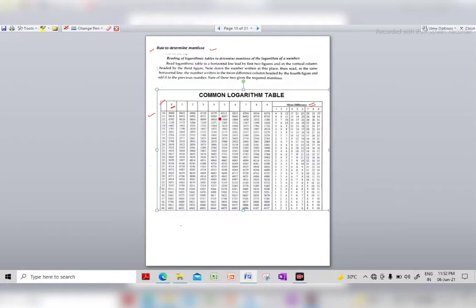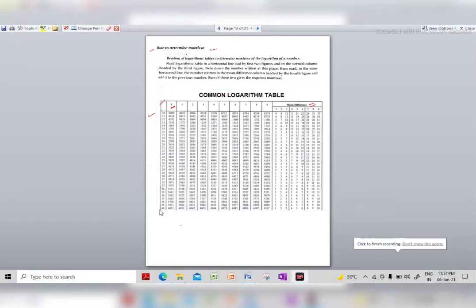So how do we use the values written in the vertical column, the values in the columns 1 2 3 4 to 9, and the values of mean difference, and what is the use of this in characteristic and in mantissa? You must have so many questions in your mind at this time. So wait, I will answer all these questions with the help of examples. Then it will be clear how to use the rules of characteristic and mantissa and how to read the table. So let us start with the example.